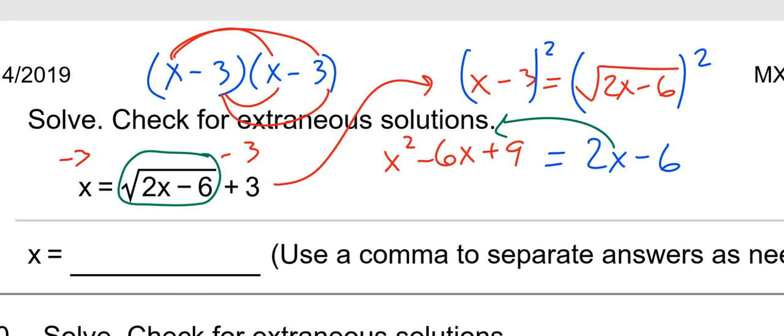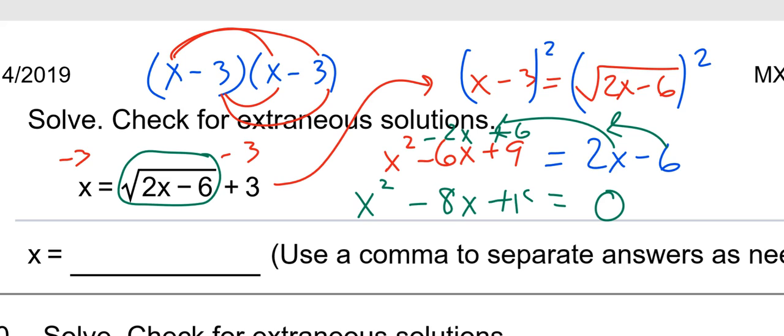I'm going to suggest that we move these two things to the other side of the equation so that we have 0 on this side. So what will we have if we move the 2x to the other side? X squared minus 8x, right. 9 plus 6 is how much?